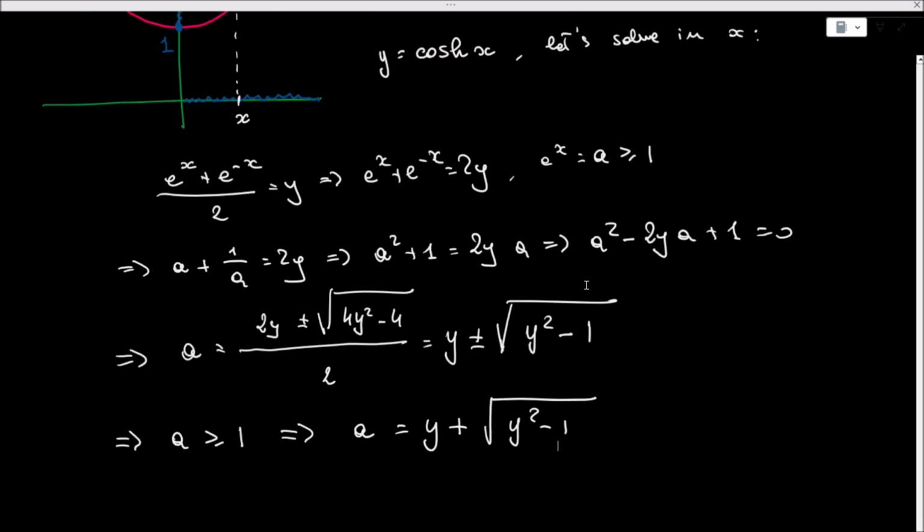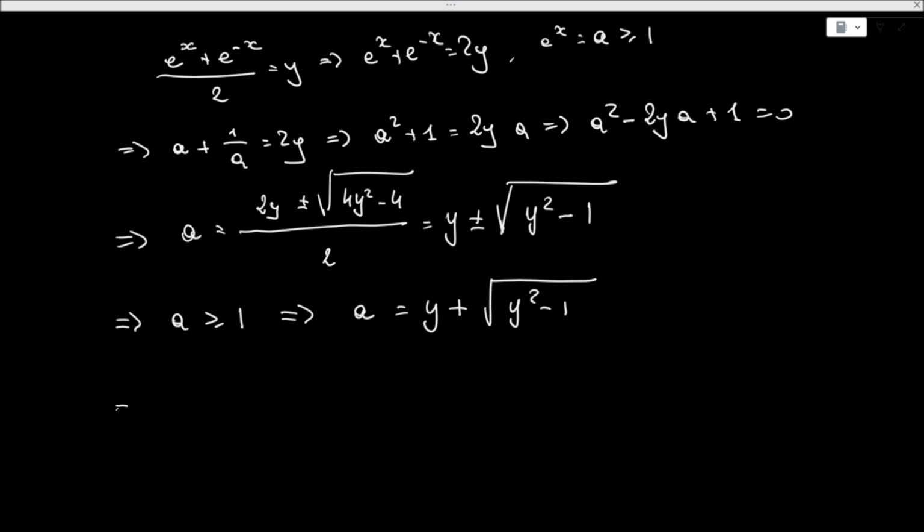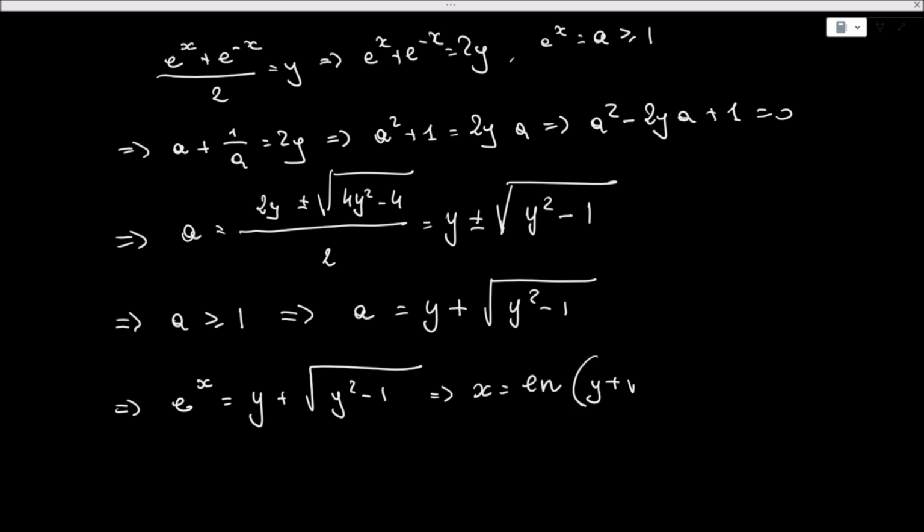Right, so with this we can now replace a with e to the x is equal now to y plus the square root of y squared minus 1, which finally gives x as the logarithm of y plus the square root of y squared minus 1.